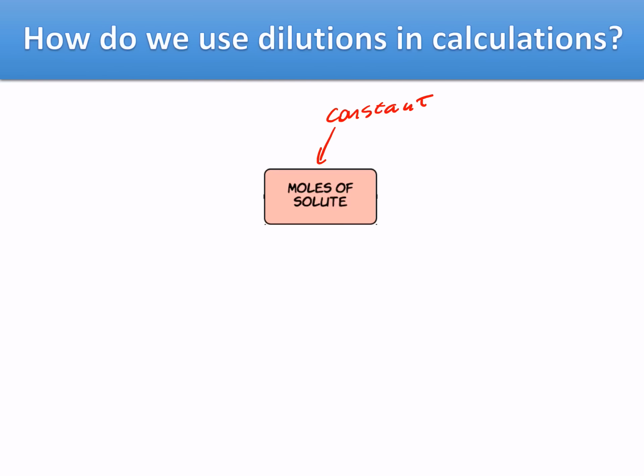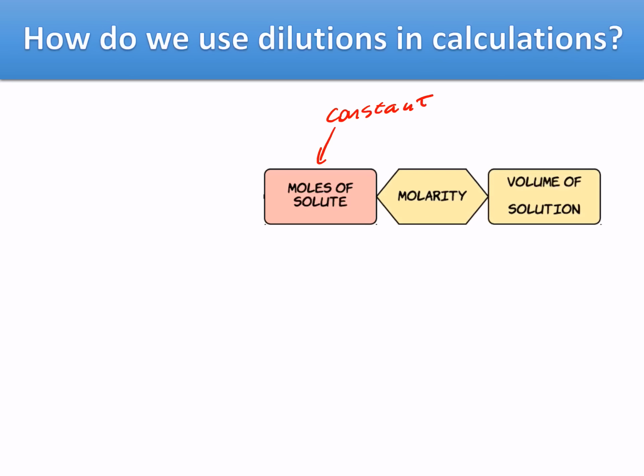And if we are talking about concentration, and molarity for that matter, because that's the unit of interest here, what we know about molarity and its relationship with moles of solute is that molarity tells you the relationship between the moles of solute and the volume of solution. If you divide moles by volume of solution, you obtain molarity, and then you already know how to work that around, right?